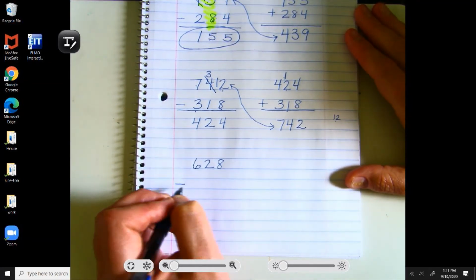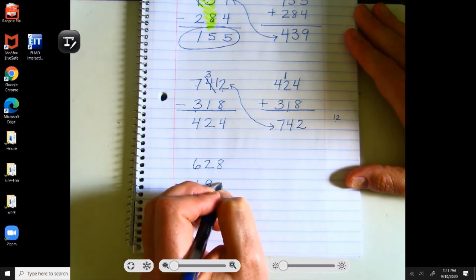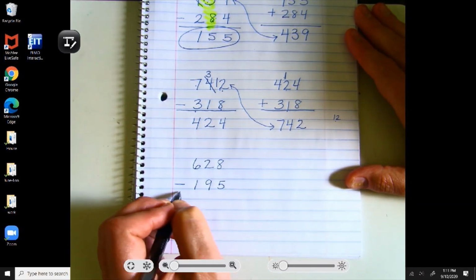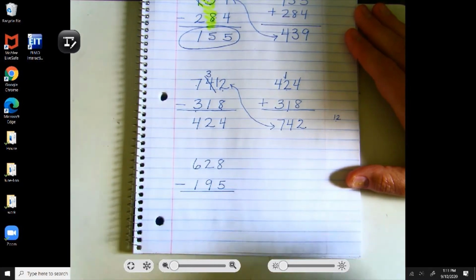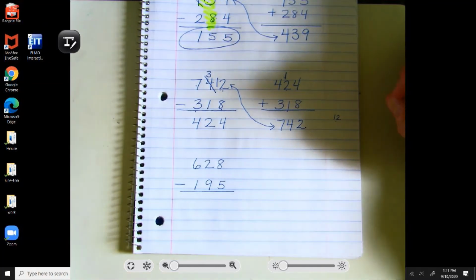I sold 195 rocks. How many rocks do I have left in my rock collection? Mathematicians, I want you to pause for a minute and try this one, and then continue on.